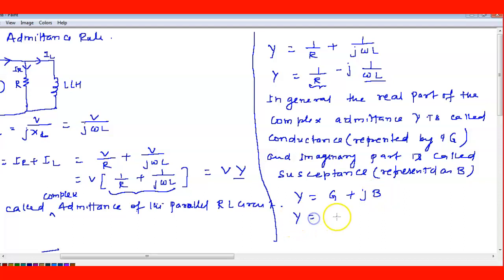Y is equal to conductance plus j into susceptance, right? Any doubt till here?